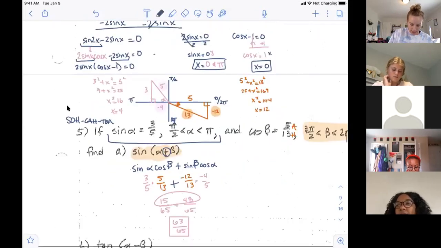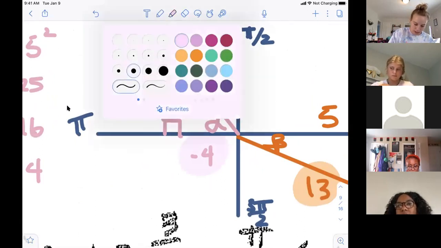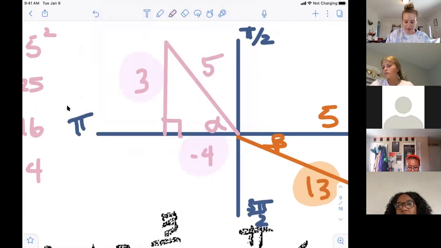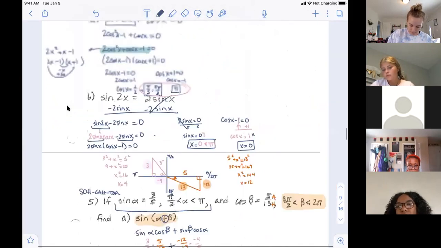If I'm looking at alpha, tangent is opposite over adjacent. So tangent of alpha is 3 over negative 4, or negative 3/4. Let me go fill that in first.